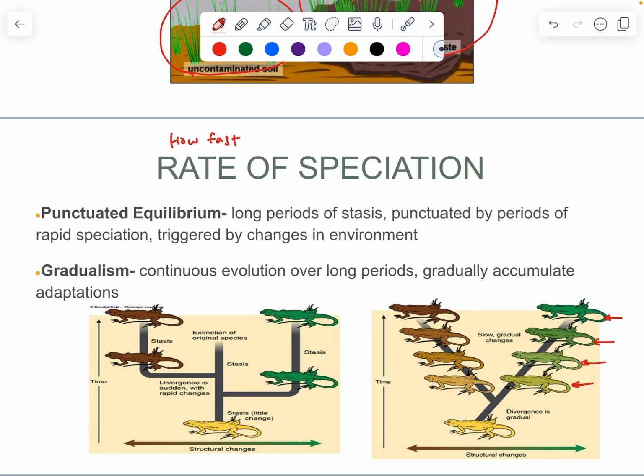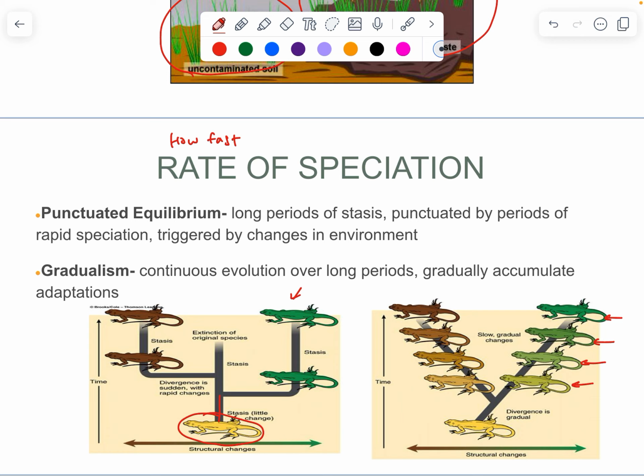Now, punctuated equilibrium is shown on the left right here. So this model suggests that, here's the original ancestral species. That original species experiences a period of stasis where little to no changes happen.